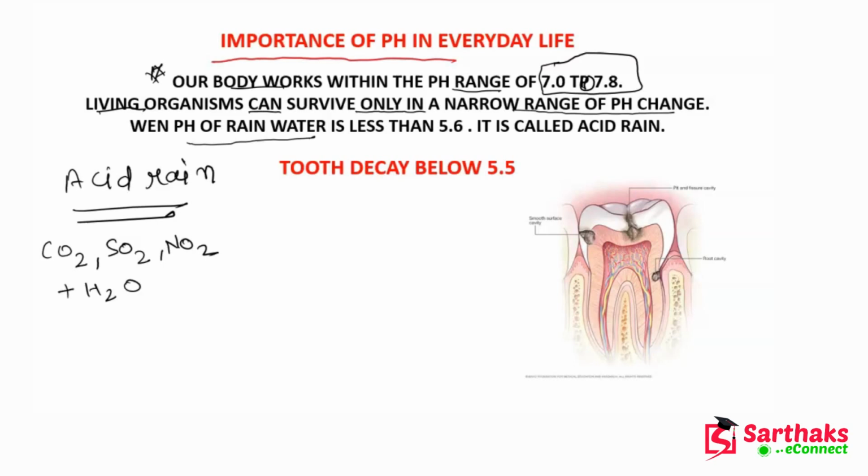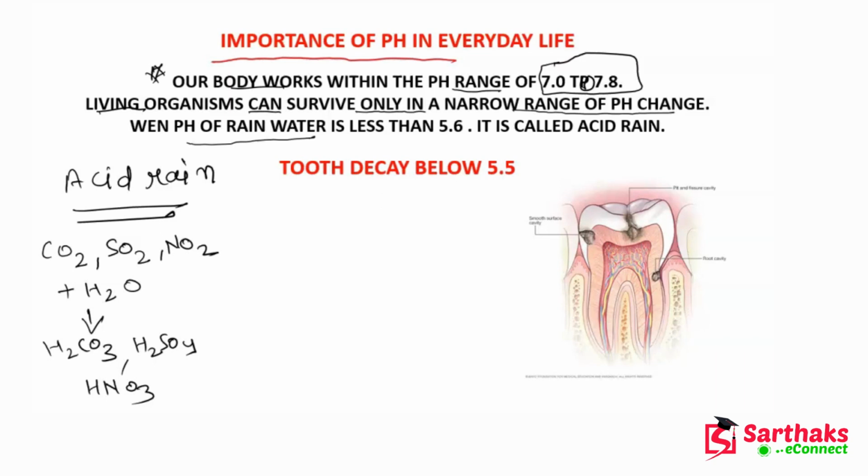Carbon dioxide will form carbonic acid, sulfur dioxide will form sulfuric acid and nitrogen dioxide will form nitric acid. When these acids mix with water droplets and reach back to the earth, they will corrode our monuments and are very dangerous for our skin as well.